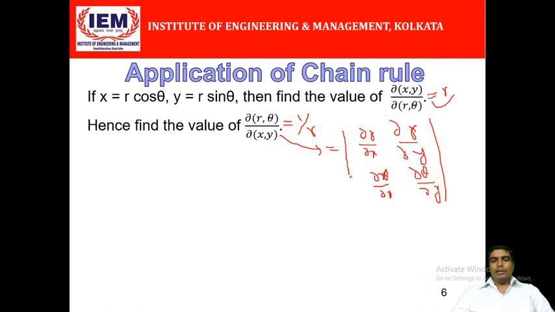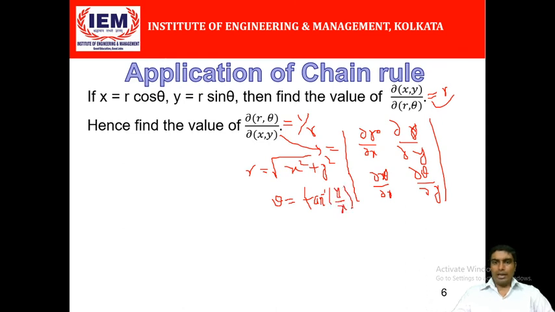Now you can plug in all these values because you know what r is. r is basically the square root of x² plus y², and θ you know is equal to tan⁻¹(y/x), right? So you can directly plug in this one and get the required Jacobian.